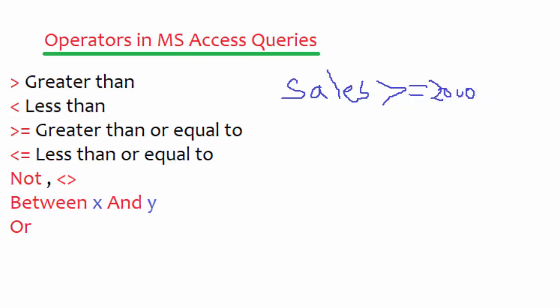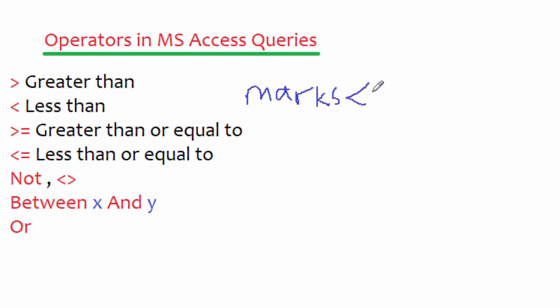The same concept will also apply in the less than or equal to. If I want to check student marks and I want marks which are 49 or less, I will tell it, can you search for marks which are less or equal to 49? This one will only return 49 or anything lesser than 49.